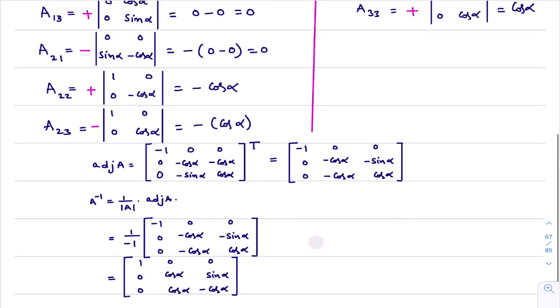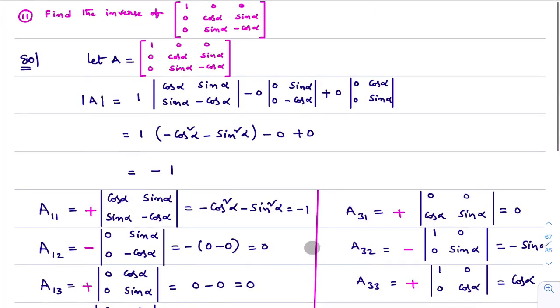So the last 5 problems were about finding the inverse of a 3 by 3 matrix. We completed these 5 problems in this class. I am going to do one more problem. It is a little lengthy problem. I hope you understand how to calculate the inverse of a matrix. Calculating the inverse of a matrix is very, very important, because in the next exercise we will solve linear equations by the matrix method.